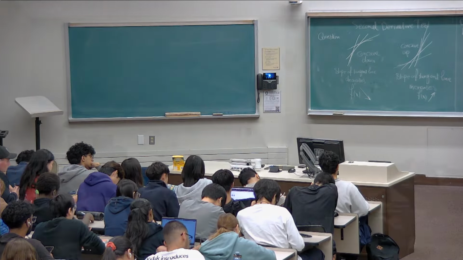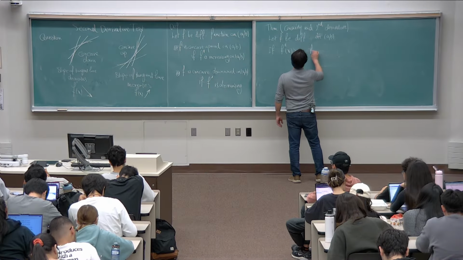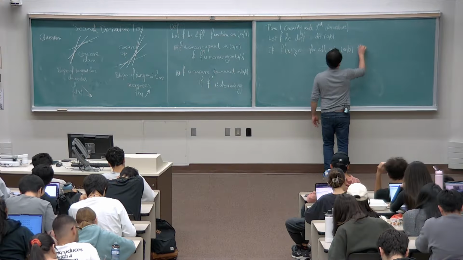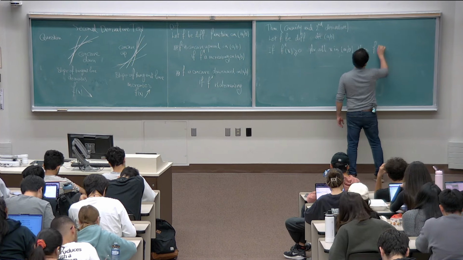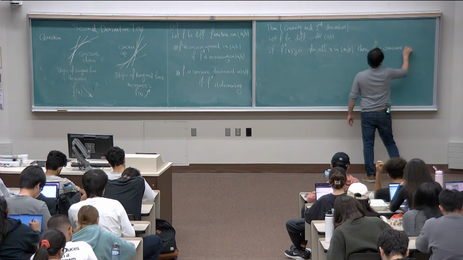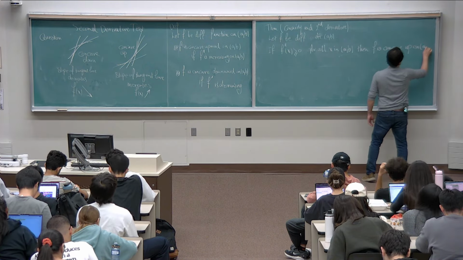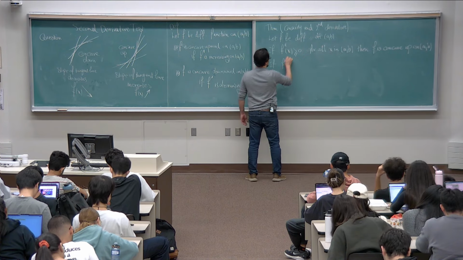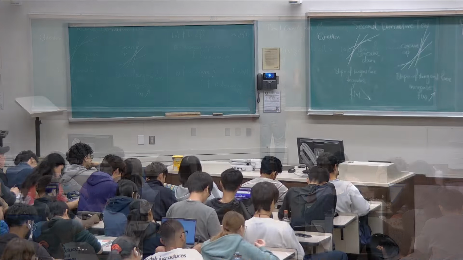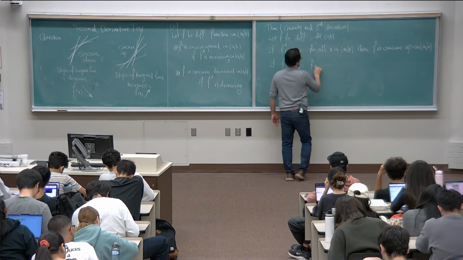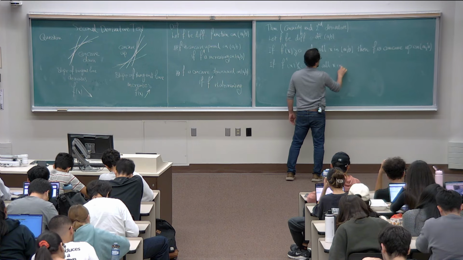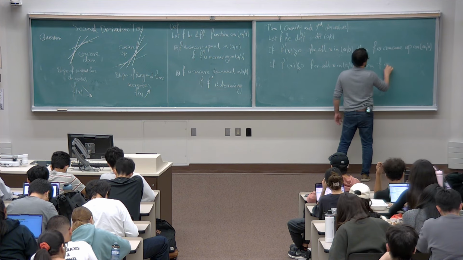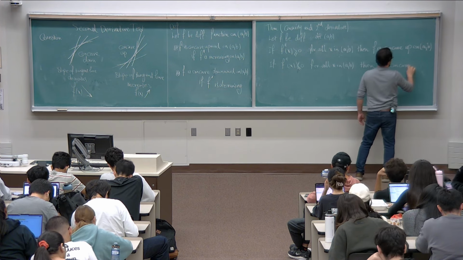If f double prime is positive for all x in AB, then f is concave up on AB. If f double prime is negative for all x's in AB, then f is concave down.